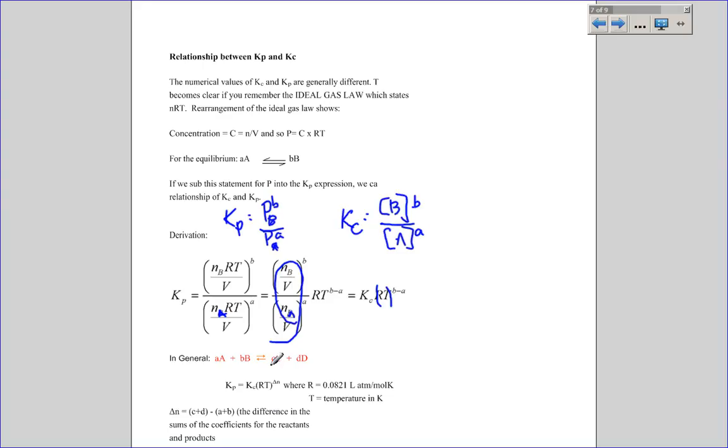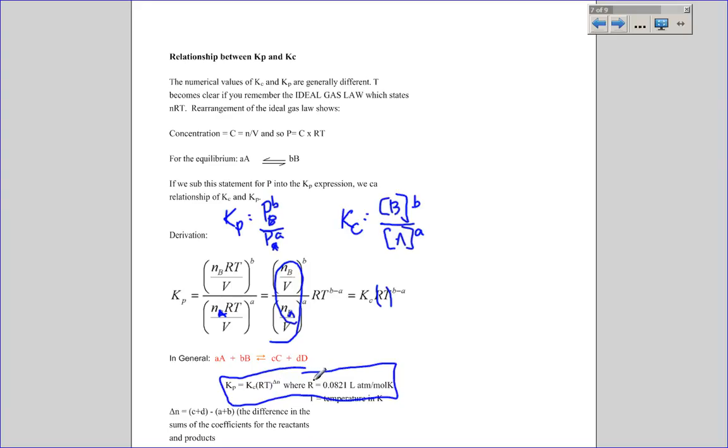So delta n is going to be equal to c plus d minus a plus b. And this is the important expression. Kp, the equilibrium constant in terms of partial pressure, is equal to Kc, the equilibrium constant in terms of concentrations, times RT to the delta n.